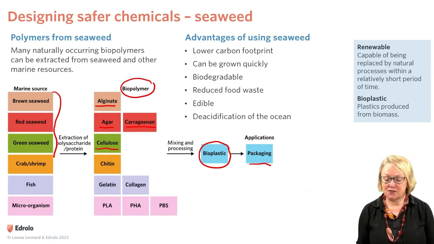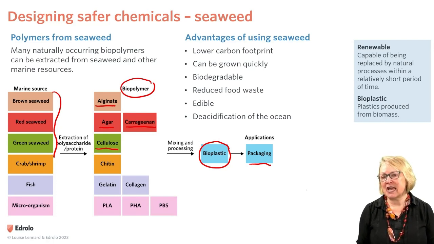And advantages of using seaweed: they've got a lower carbon footprint than other carbon sources. They can be grown relatively quickly. They're biodegradable. They result in less food waste. They're actually edible, and these polysaccharides are already used as food additives.